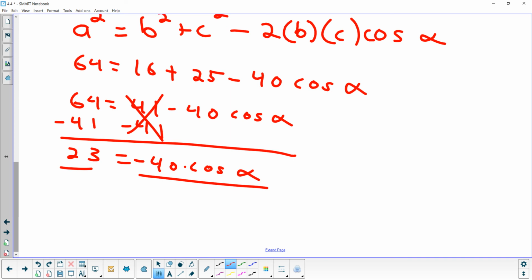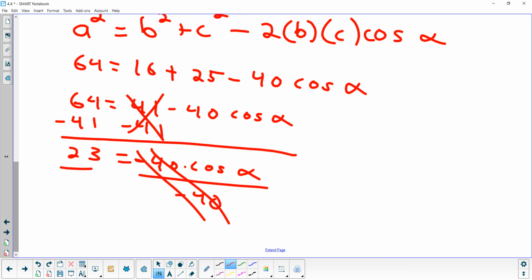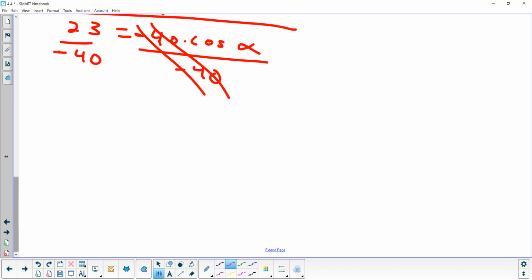So we're not trying to move stuff back over here. We're trying to take everything that's near the alpha and move it away from it. The minus 40. I don't want that on that side anymore. And I'm going to leave that as just 23 over minus 40.